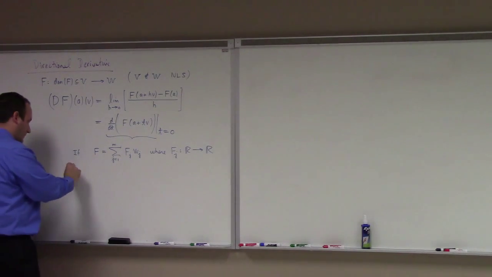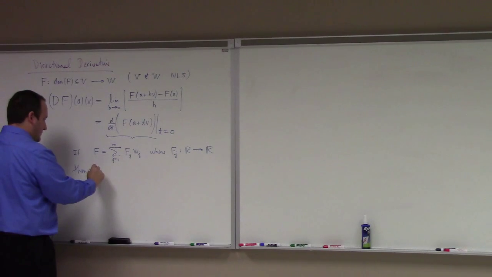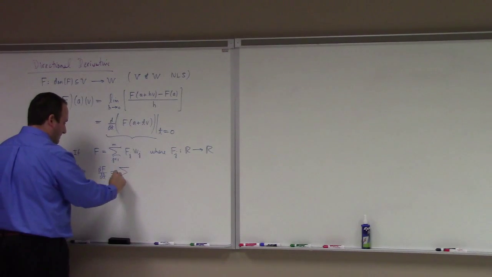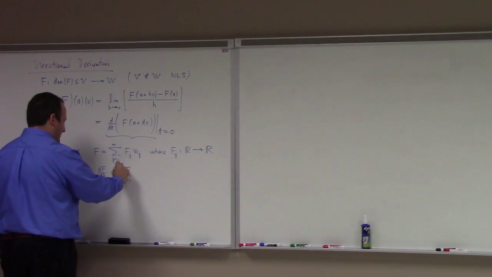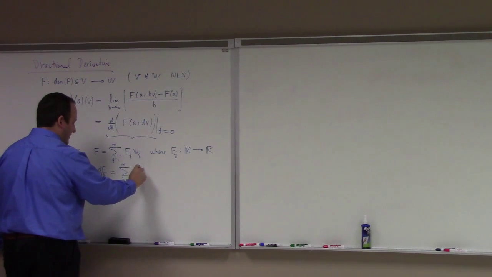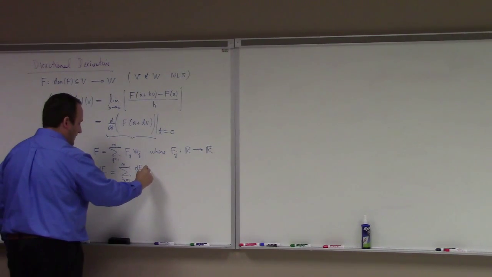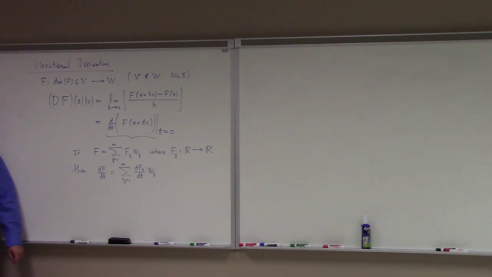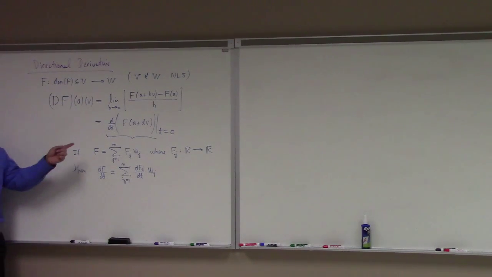Then if we talk about df dt, what we mean by that is just differentiate component-wise. This is just like the definition you saw in Calculus 3 for differentiating a space curve. You differentiate the x component, you differentiate the y component, you differentiate the z component one at a time. I'm just saying do the same for an abstract vector space. You do it one component at a time. So that is what I mean when I write this derivative with respect to time of f of A plus tV up there, okay? We good?